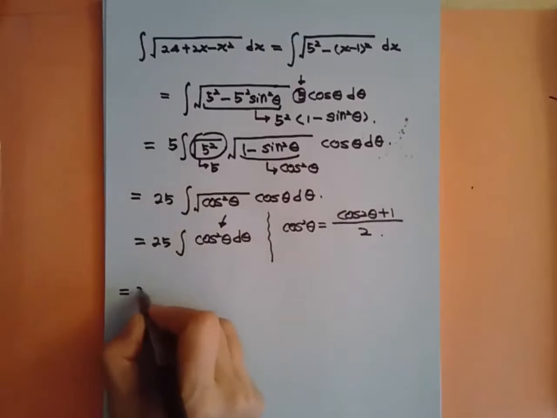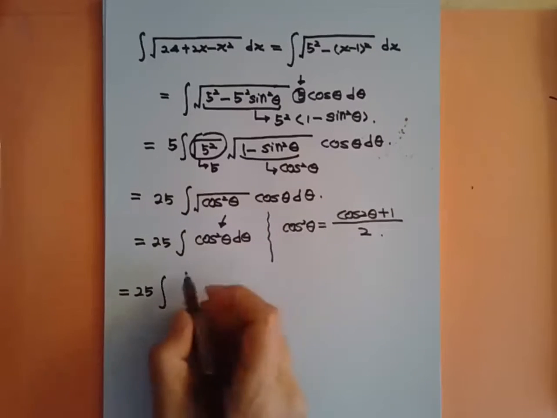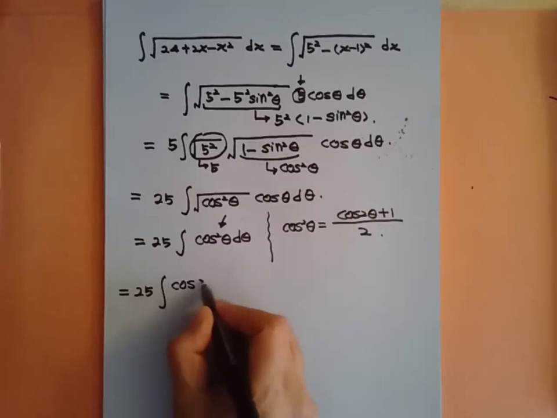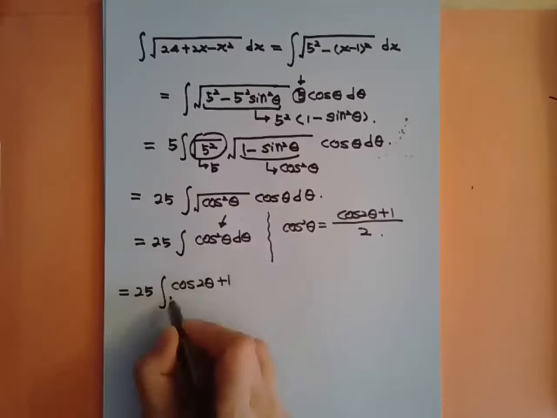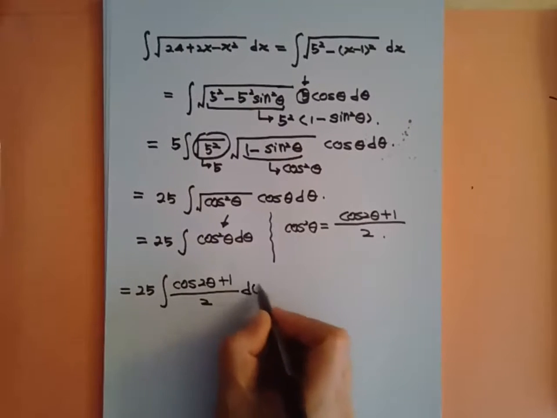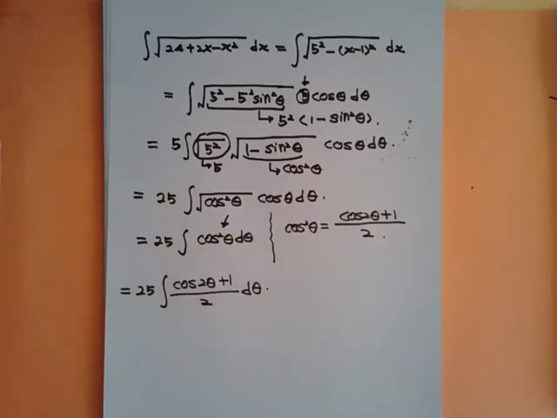So that is 25 integration cosine of 2 theta plus 1 over 2 d theta. Then that becomes degree 1. So we don't have any problem, right?